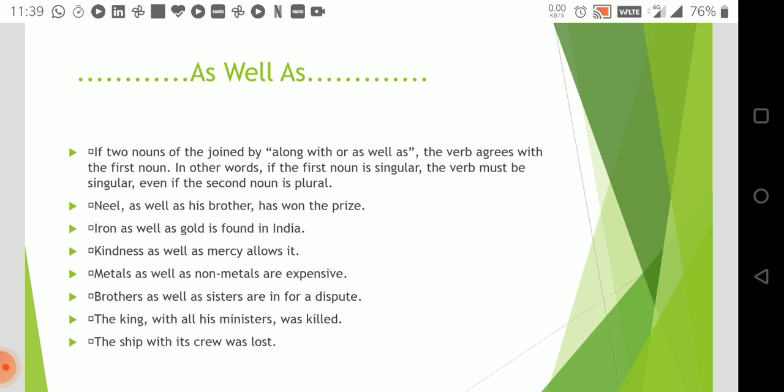In other words, if the first noun is singular, the verb must be singular. The second noun will not make a difference. So what makes a difference is the first noun which is mentioned before as well as.